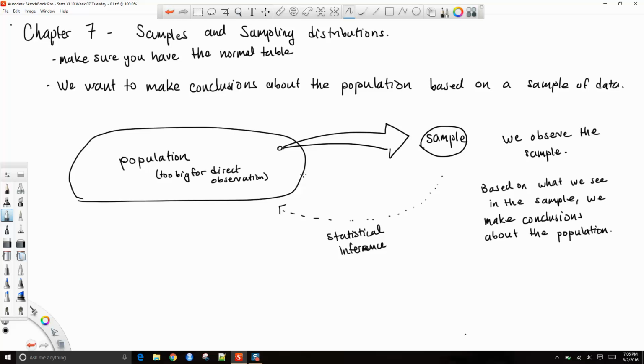Okay. A lot of times the conclusions we want to make are about what we call a parameter of the population. So the population might have a certain property, and that property is called a parameter.